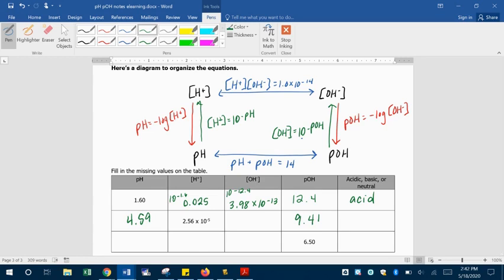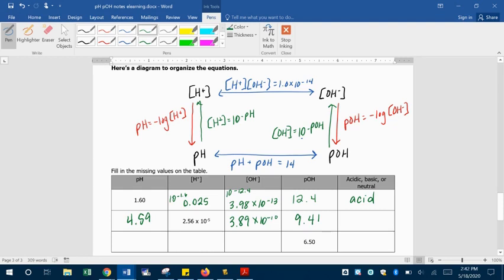And then to find my only missing blank, the hydroxide ion concentration, I'm just going to do 10 to the negative 9.41. And again, I get scientific notation, which is just fine. I get 3.89 times 10 to the negative 10.